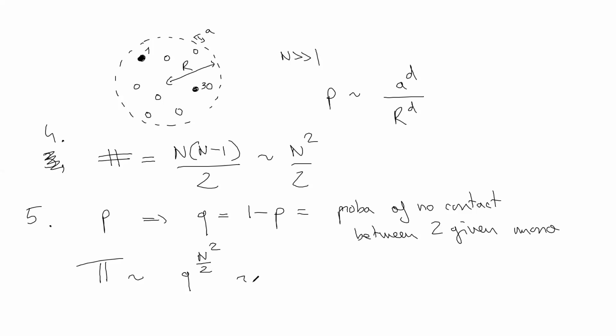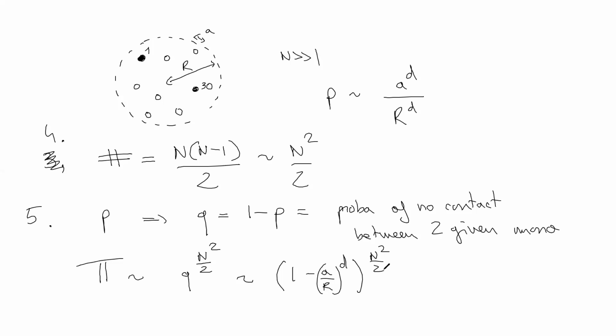All right, so this is simply 1 minus a over R to the power d, to the power n squared over 2. Okay, so I know now, remember, I want to factorize the two problems, assuming they are kind of independent. This is only true as a perturbative approach. I'm first describing the system as ideal, so I have all the possible conformations. And among those, I want to calculate the probability of the conformations not to have any crosslink.